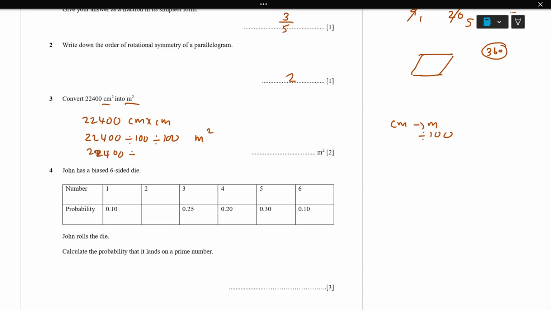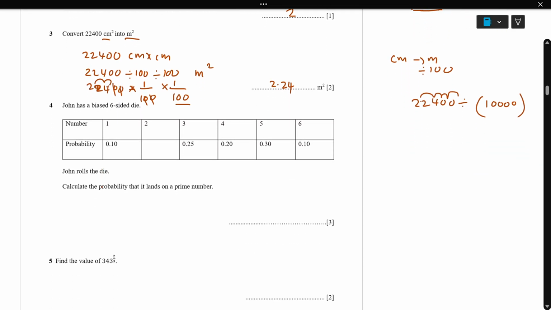When we change to multiplication it will be the reciprocal, so times 1 by 100, times 1 by 100. Then 2 zeros here, we go for the decimal place, so 2.24. Or just do this: 22,400, divided by how many zeros? 1 2 3 4, so you need to move the decimal 4 places, so that's the answer.